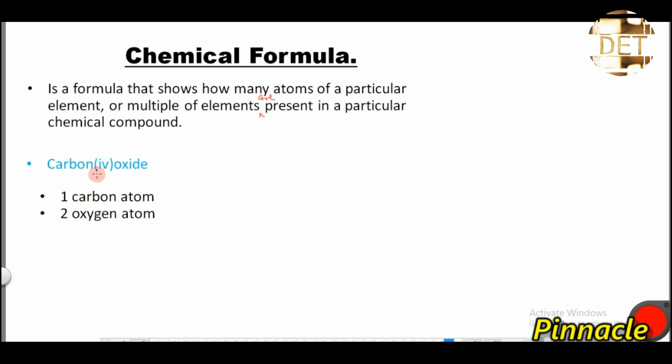So for example, carbon dioxide is a chemical compound. The chemical formula of carbon dioxide is CO2. From this chemical formula, it shows that carbon dioxide contains one carbon atom and two oxygen atoms.